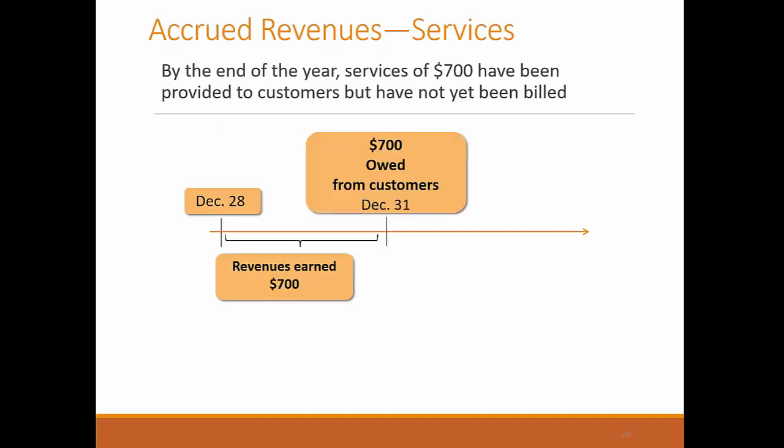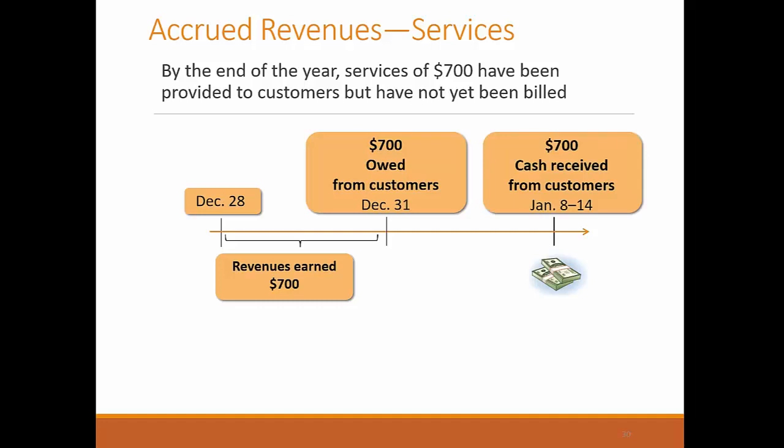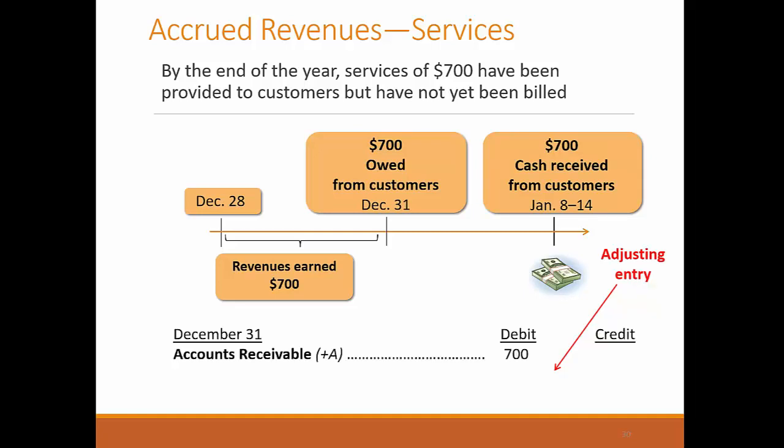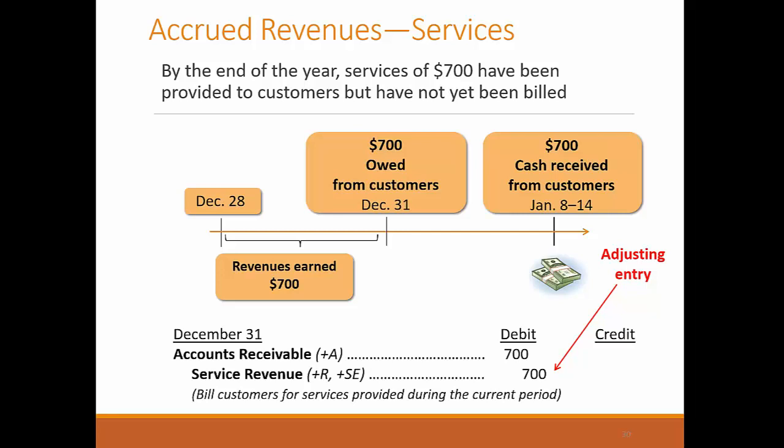So for example, here on December 28th, I've earned $700 from the 28th to the 31st, haven't been paid, so I'm going to put that in as revenue. Here's my revenue. Okay, sorry, that $700 should be over here. And my accounts receivable will be debited, meaning that I'm owed that money. That accounts receivable is an asset to me.